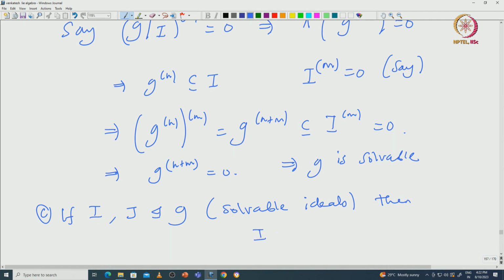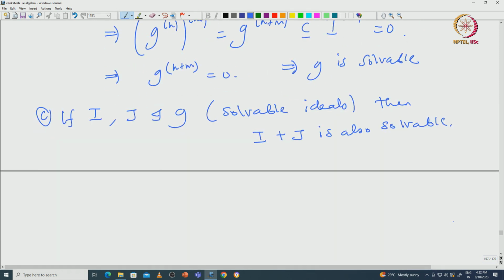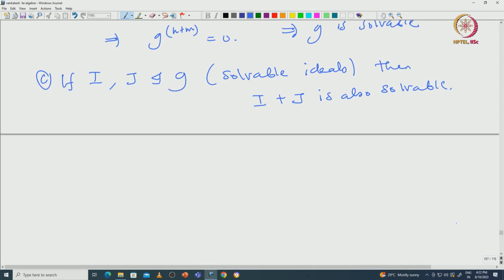We can prove that I plus J is also solvable. The product I J will again be solvable, because the product will be contained in both I and J, and any subalgebra of a solvable algebra is solvable, but I plus J is a superset. So, we have to verify that it is solvable.